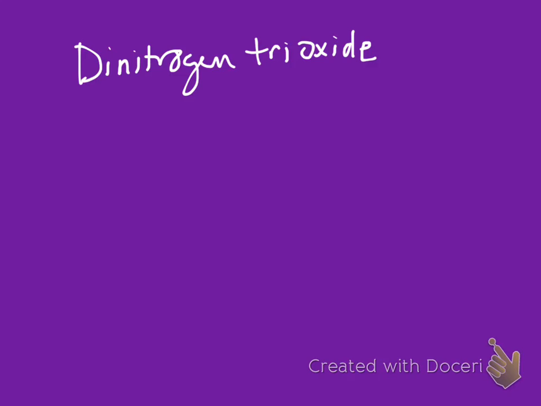This tells me that there are 2 nitrogens, so this is N2, and there are 3 oxygens. This is N2O3. I mean, this literally just tells you what's there. Super easy.